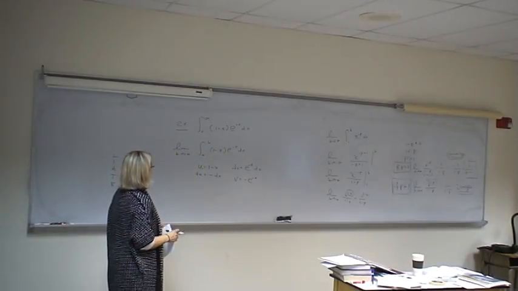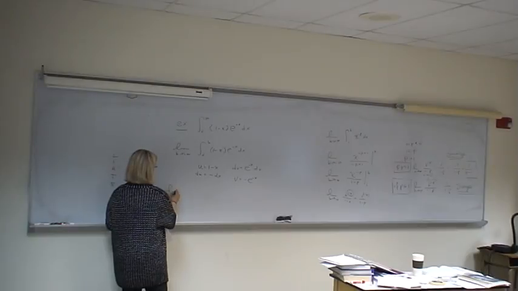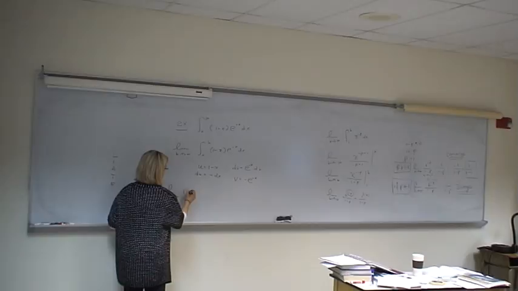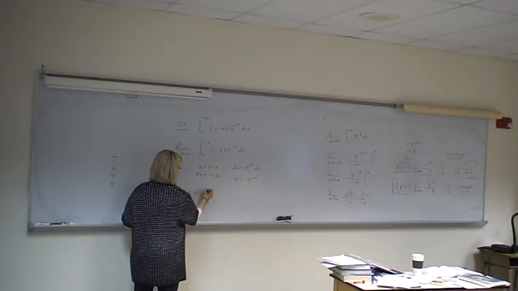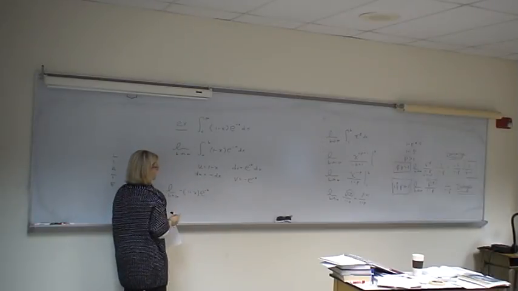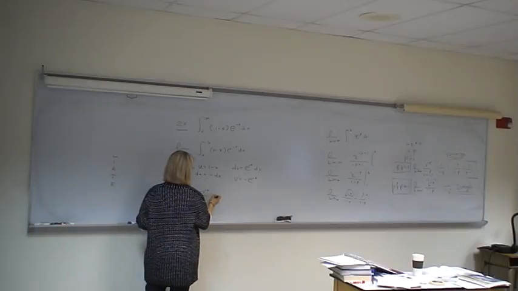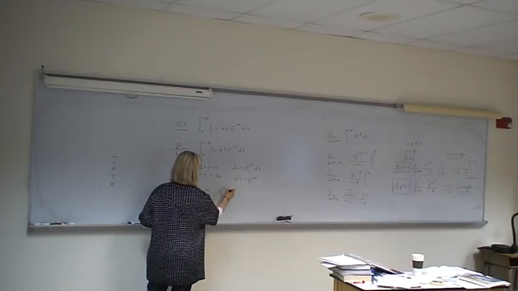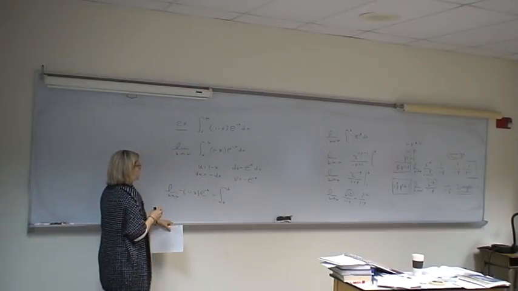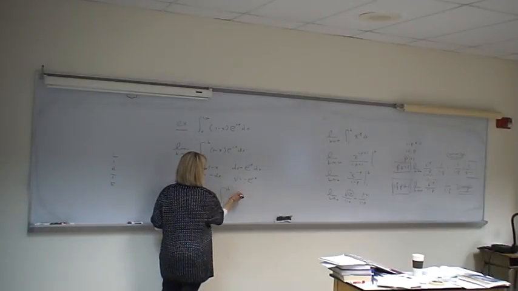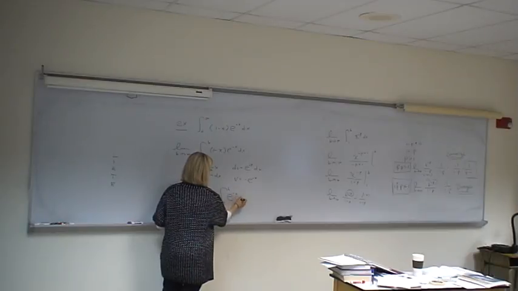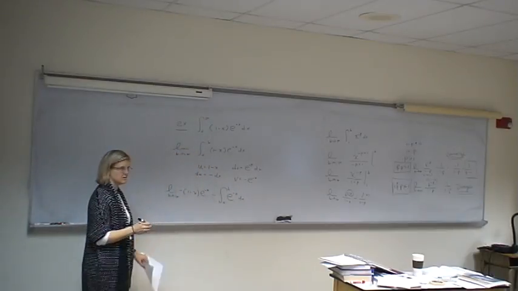So we have the limit as b goes to infinity of u times v, which is (1 minus x) times negative e to the negative x, minus the integral from 0 to b of v du. Those two minus signs cancel out, and I just have e to the negative x dx.